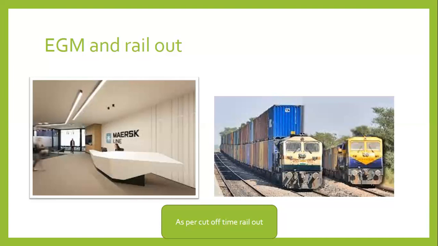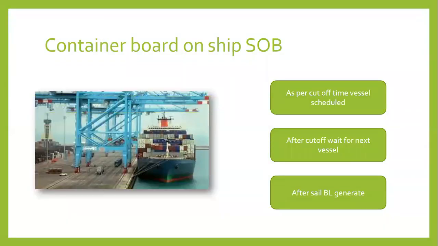If the details are mismatched, it is a very critical problem, and you will not be able to take the export benefit. So the EGM error must be removed by correcting these details.